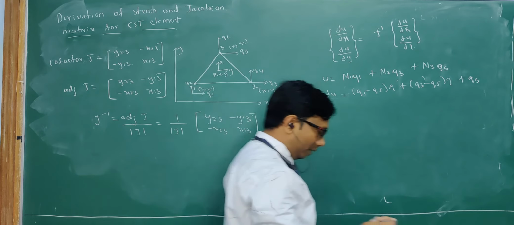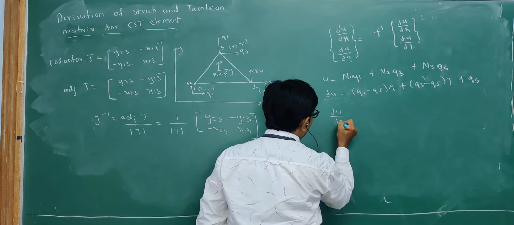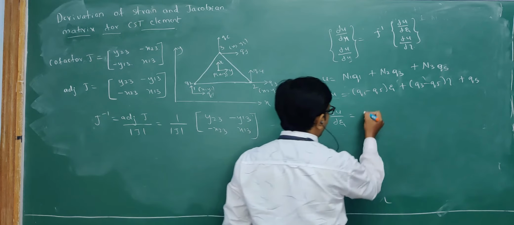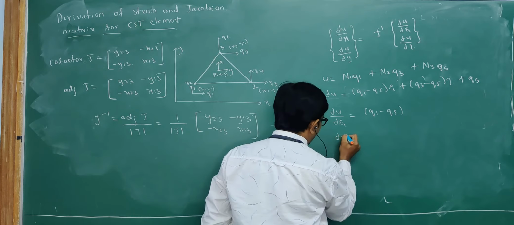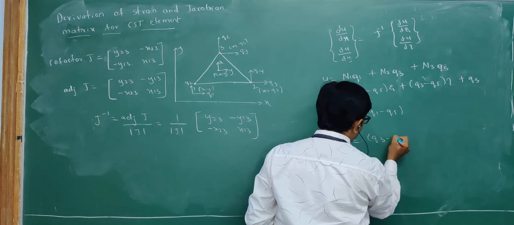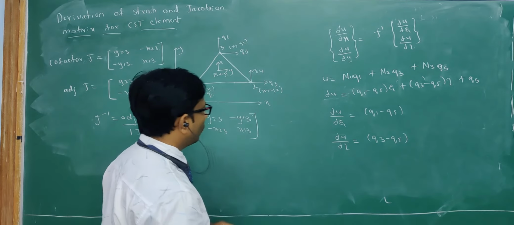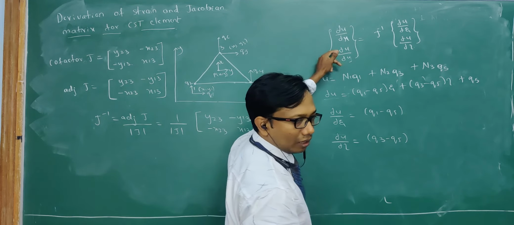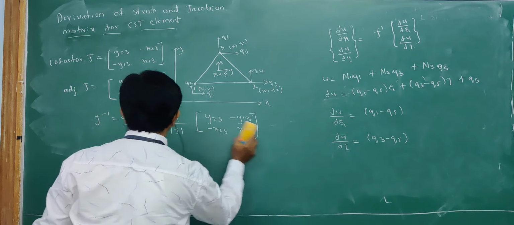Next, dou u by dou zeta will be q1 minus q5, and dou u by dou eta will be q3 minus q5. Next we are substituting in this particular equation.